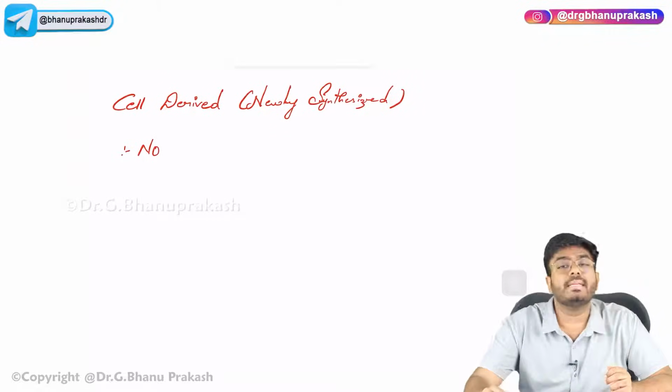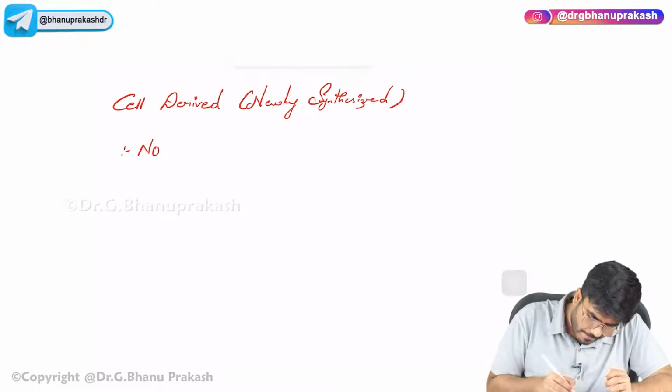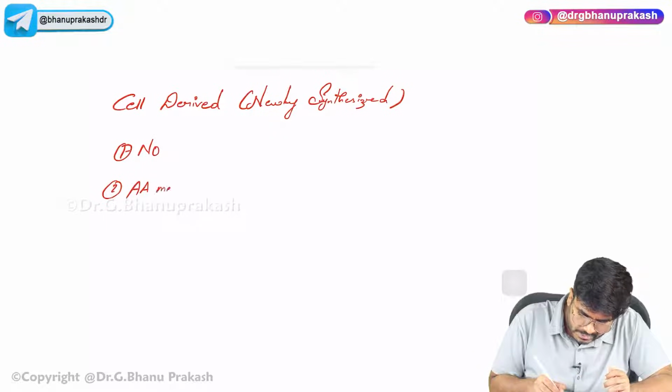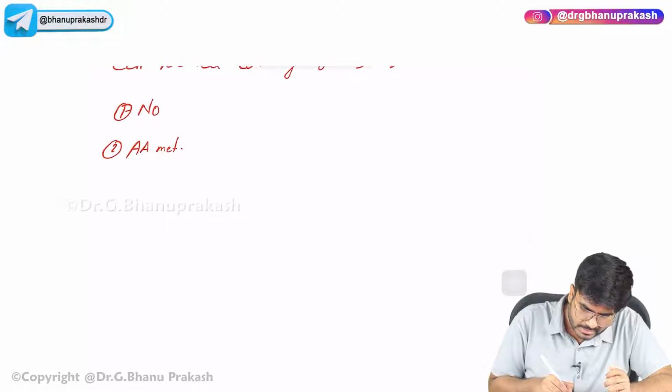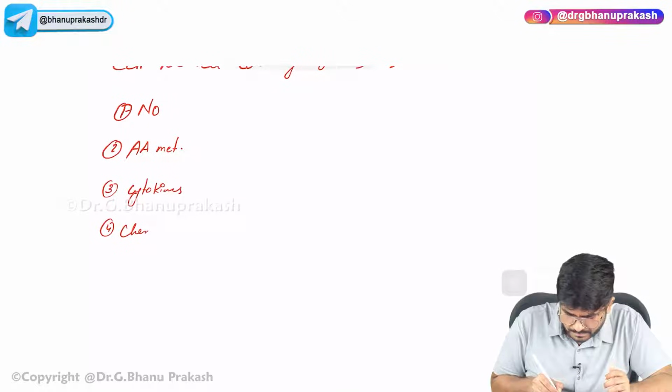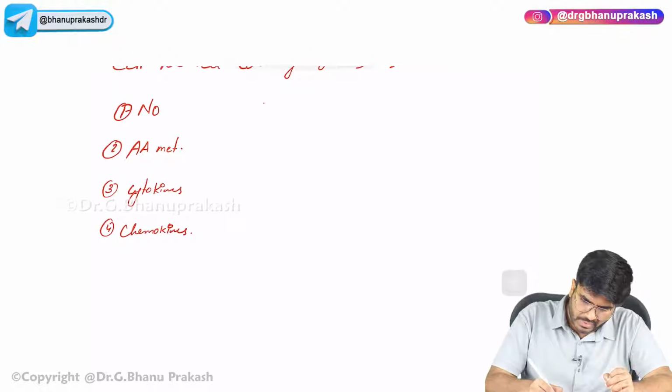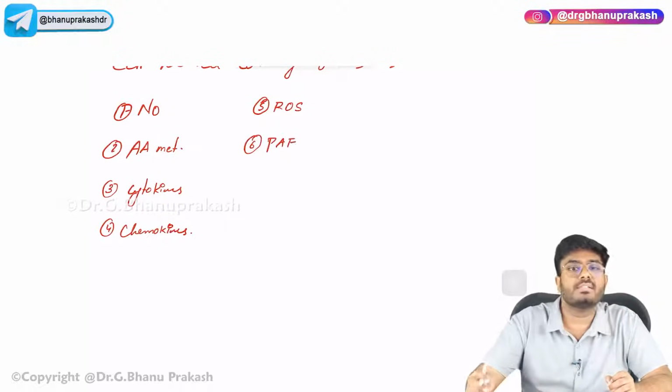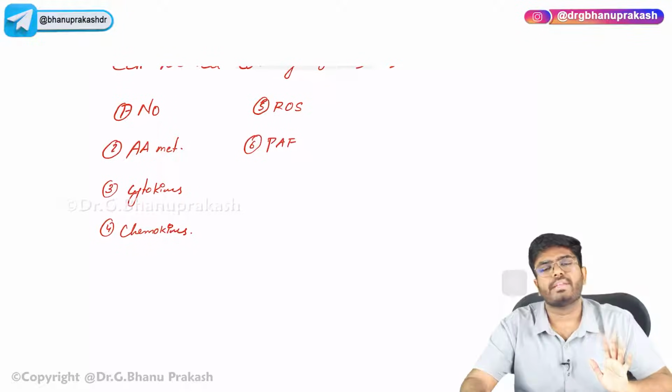Just as a recap, second, arachidonic acid metabolites. Third one is cytokines, fourth chemokines. Fifth one, reactive oxygen species, and platelet activating factor. These are the things which we have to discuss right now.